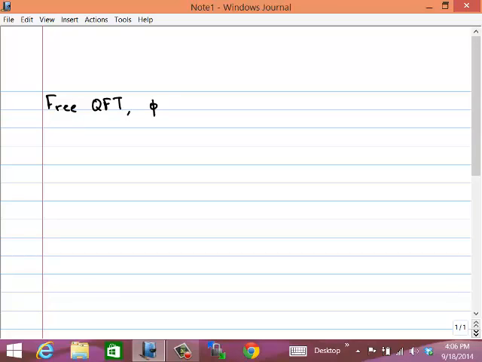So for a free quantum field theory, say of a real scalar field phi that solves the Klein-Gordon equation, the way that we approach the theory quantum mechanically is we expand phi in terms of a basis of solutions to the wave equation. So the solutions to the wave equation are plane waves.